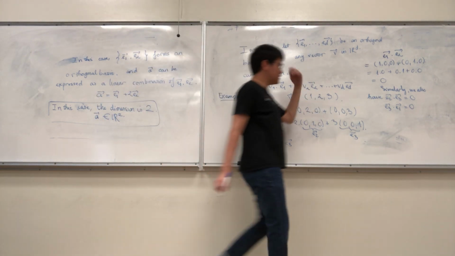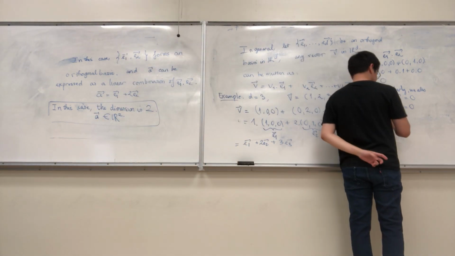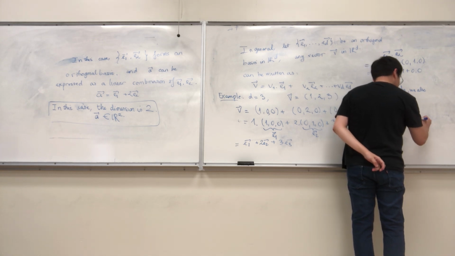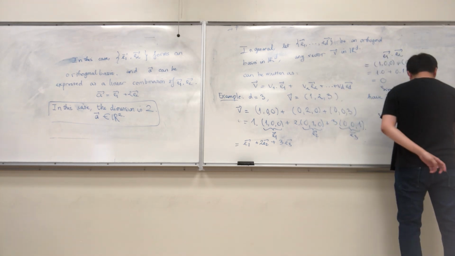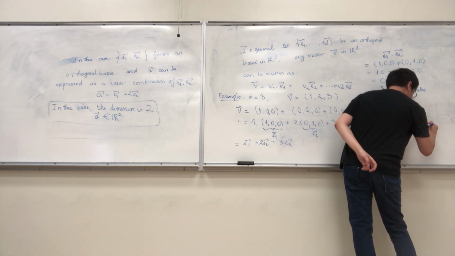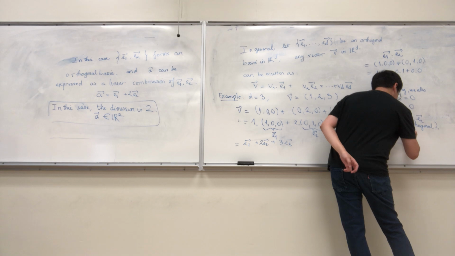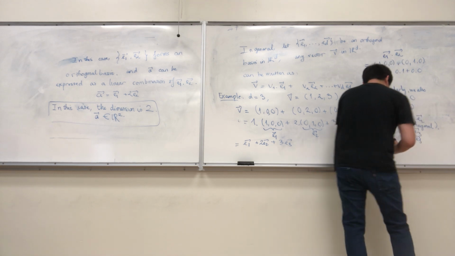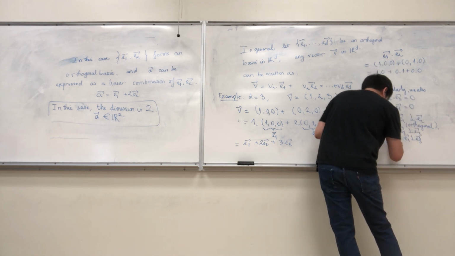So in this case, we say that E1 is orthogonal to E2, so this notation means orthogonal. E2 is orthogonal to E3, and E1 is orthogonal to E3. So they are orthogonal.